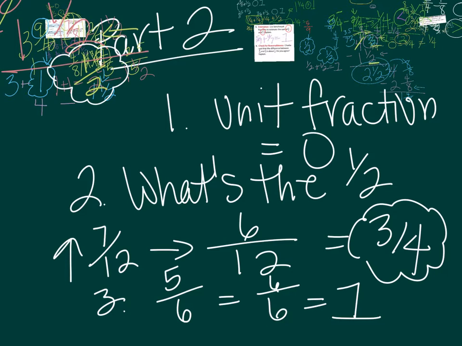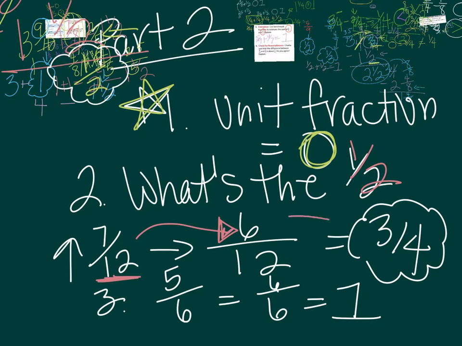You have to see first, is it a unit fraction? And if it's a unit fraction, it's going to be 0. Then you're going to check for what your half is. So whatever your fraction is, find your half. And if it's greater than the half, it'll be 3/4. If it's less than the half, it'll be 1/4. And then the next step is to check for your whole.